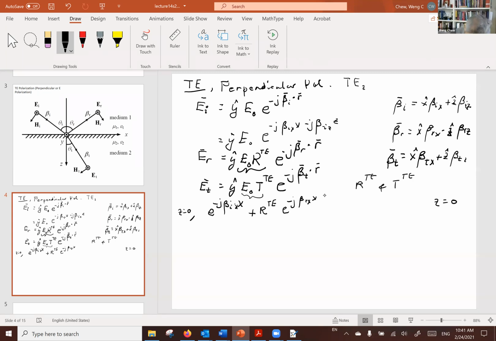And then in medium 2, I would have to write that down. I would do the same thing. E naught is common to all the three expressions, so I don't have to write E naught down. And then I would write down the thing in the exponent now. Now I'm going to set z equal to 0, so this term will disappear.